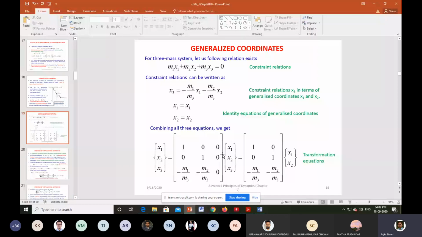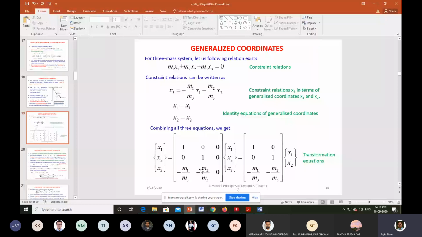If we multiply this out, we get x1 equal to x1 from the first row, then x2 equal to x2 from the second row, and x3 equal to this from the third row. So we have assembled these three equations in a matrix form.